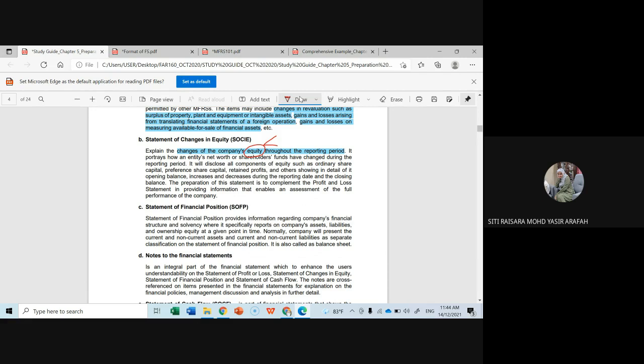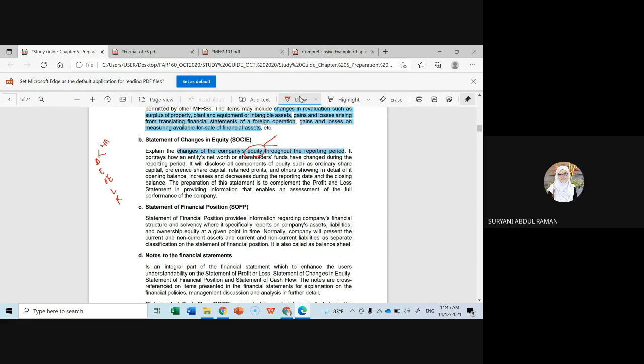Loan. Loan is your liability. You already learned in part 1. Don't tell me it's in your equity. It's your liability. You have 5 components, right? Asset, expenses, owner's equity, liability, and revenue. Asset, you have fixed asset or non-current asset.